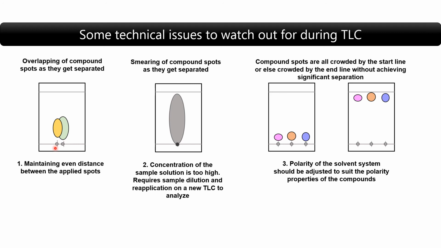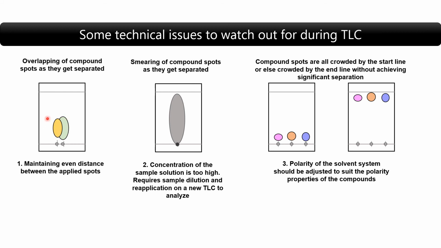Like I mentioned earlier, these compounds slightly diffuse around as they move along the plate. So although we spot them as a small spot, they become a larger spot as they move across the plate. And if we spot compounds too close to each other at the start line, due to the diffusion, they're going to overlap across each other, and that would affect how they move on the TLC plate.